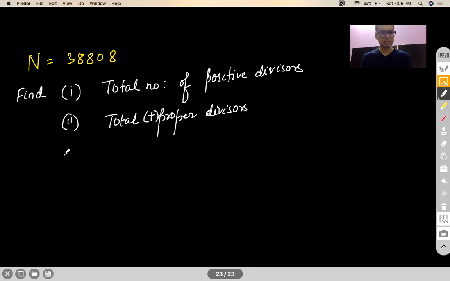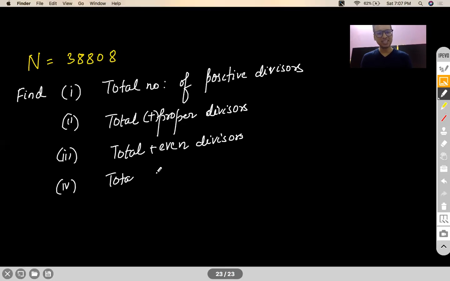Third, total even divisors. So how many even factors are there? Positive even divisors. Total positive odd divisors.